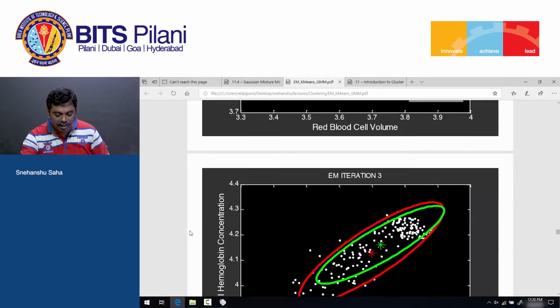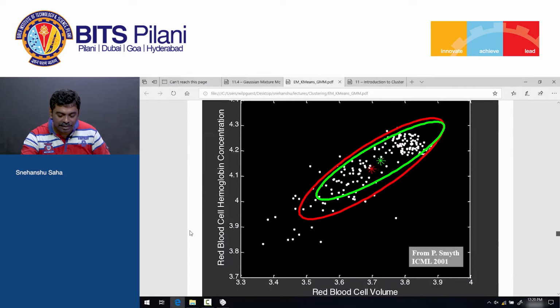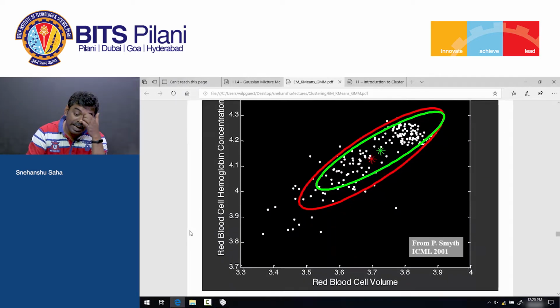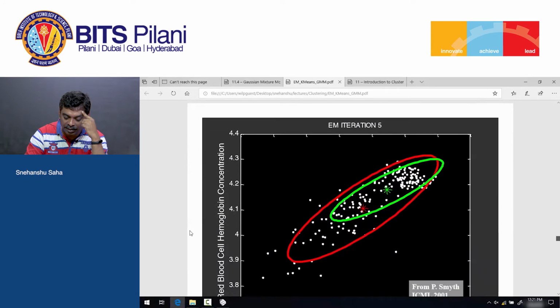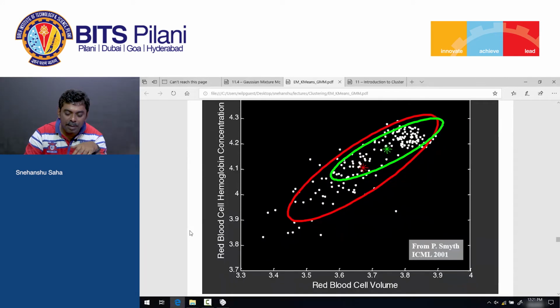Okay, all right. So here, after 3 iterations, what you can see is that the green starts shifting. Also this is visible between the means of the two clusters, right? This is the mean of the green cluster and this is the mean of the red cluster, and this is the Gaussian mean. We keep on increasing the iterations, and you can see a much better cluster.